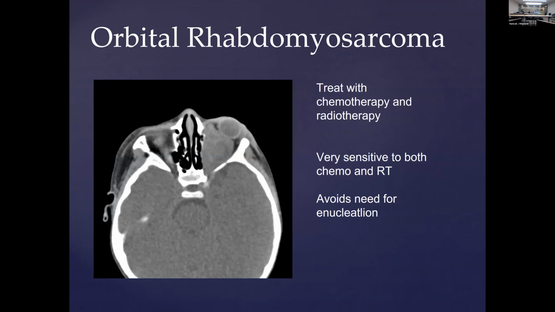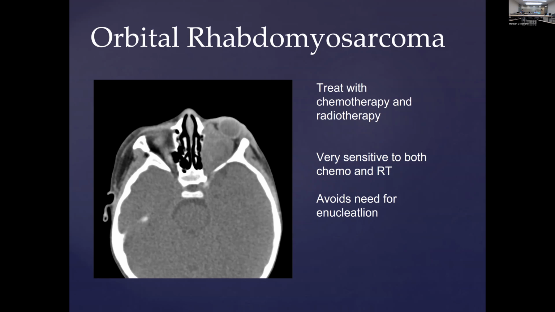There are a couple tumors where surgery is not what you do. And this is one of the ones you don't like to see. It's a little girl that had an orbital rhabdomyosarcoma. The treatment for that surgically would be remove the eye. And luckily, rhabdomyosarcoma is one of the really chemosensitive ones.